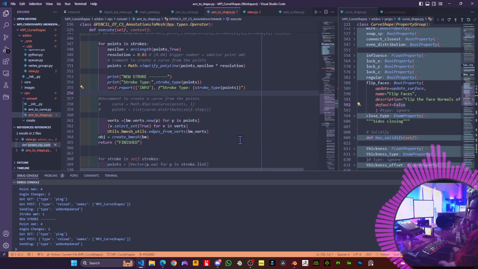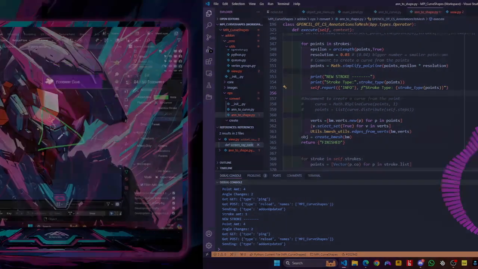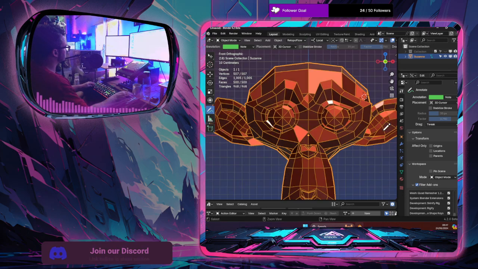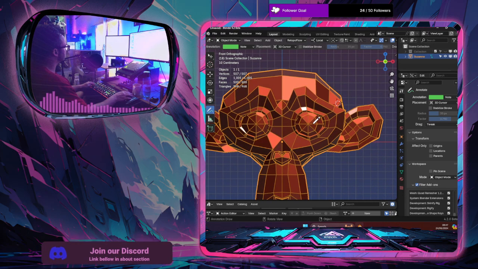So I got it to a better point, I think. Detecting shapes a little bit better. Now I just got to figure out what to do when I get each shape. Going back to this. Let's say I'm sculpting something and I want an eye over there.